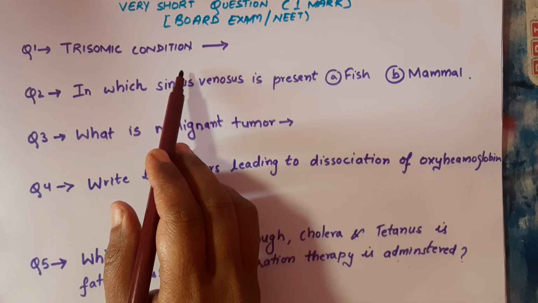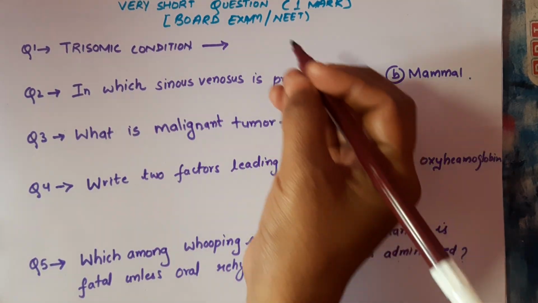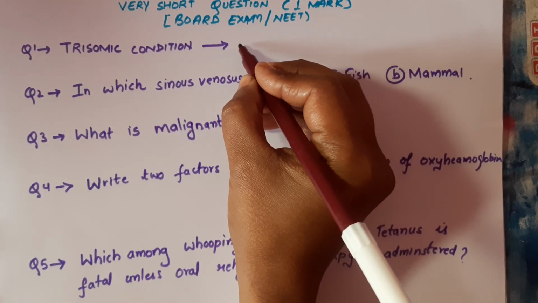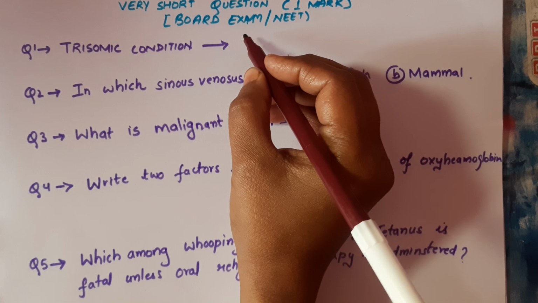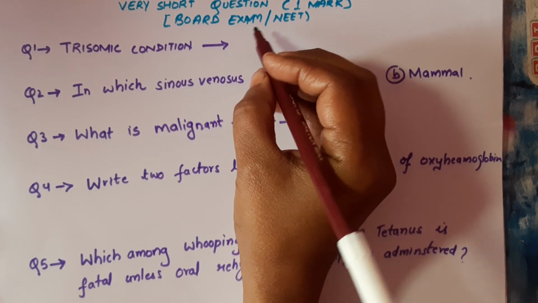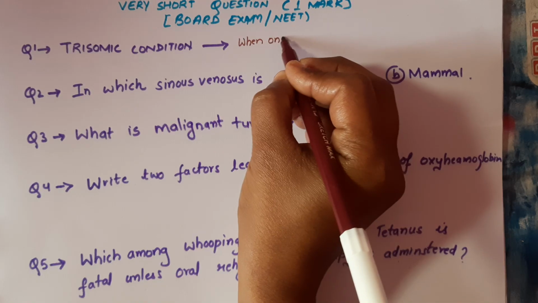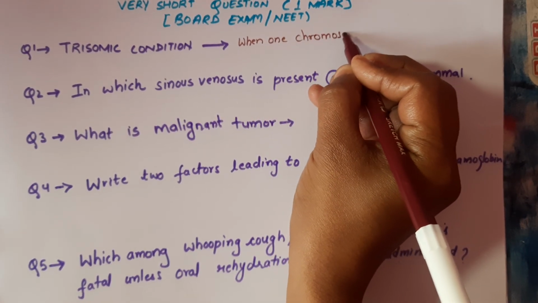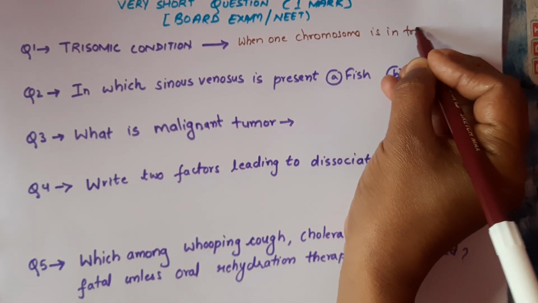What is trisomic condition? When one chromosome is in triplicate, the condition is known as trisomic condition. If this question is asked in the examination, you have to write: when one chromosome is in triplicate.